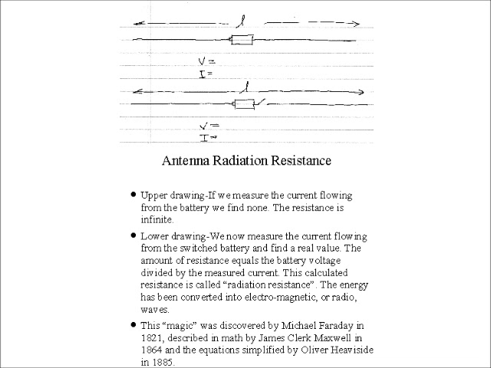I think this is the most illustrative portion of this presentation. In the upper drawing, we have our dipole antenna. You like my fancy battery? I did that all by myself. So you have a battery connected between two hunks of wire, split in the middle, which we call a dipole antenna, right?